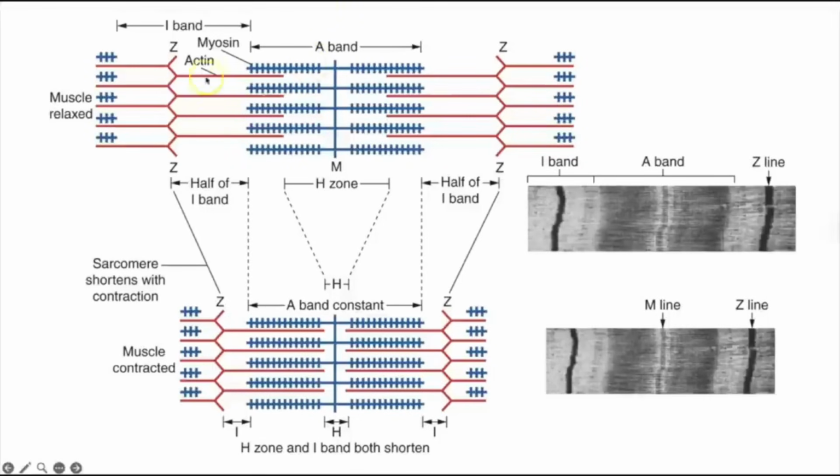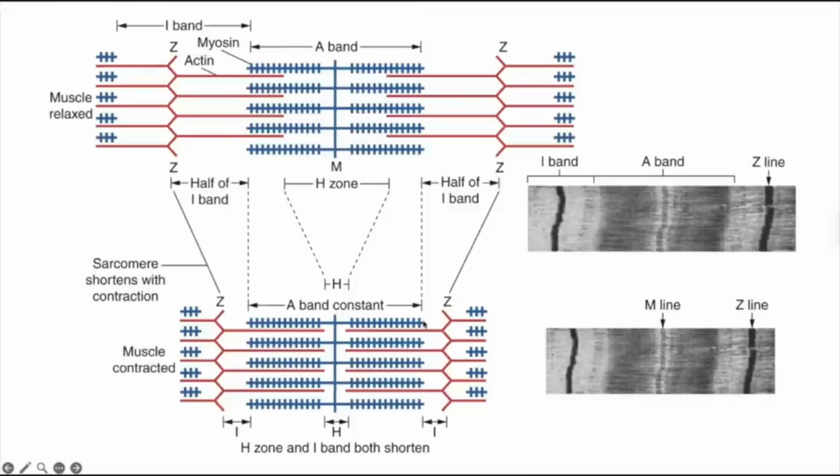When a muscle contracts, the actin slides inwards over the myosin, which we can see here. So as a result, the H zone decreases in length because we now have less myosin by itself. The I band will also decrease in length because we have less actin by itself because it's slid over. The A band never changes because that is the length of the myosin.